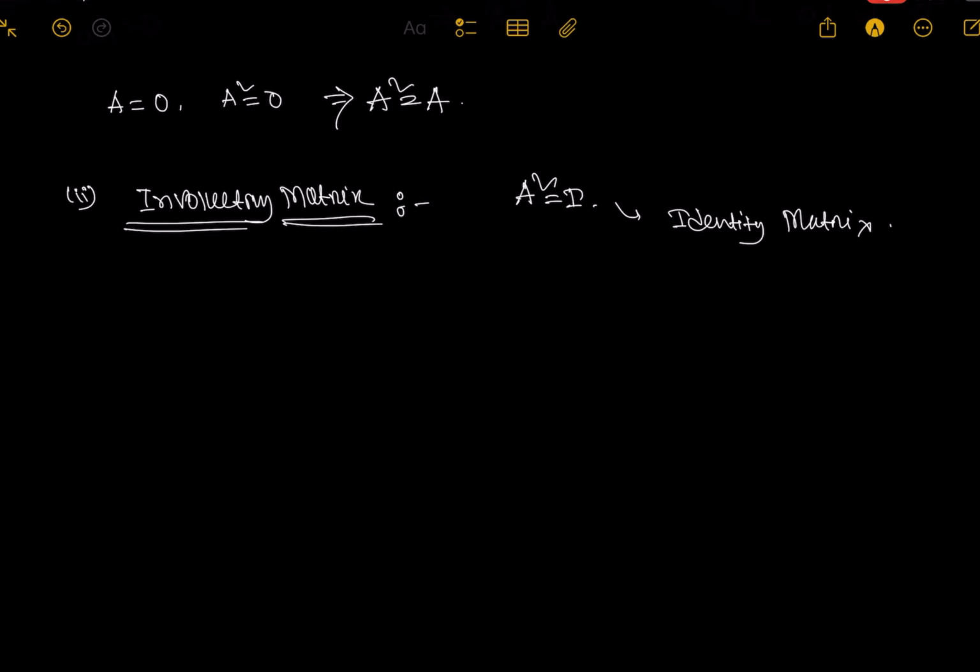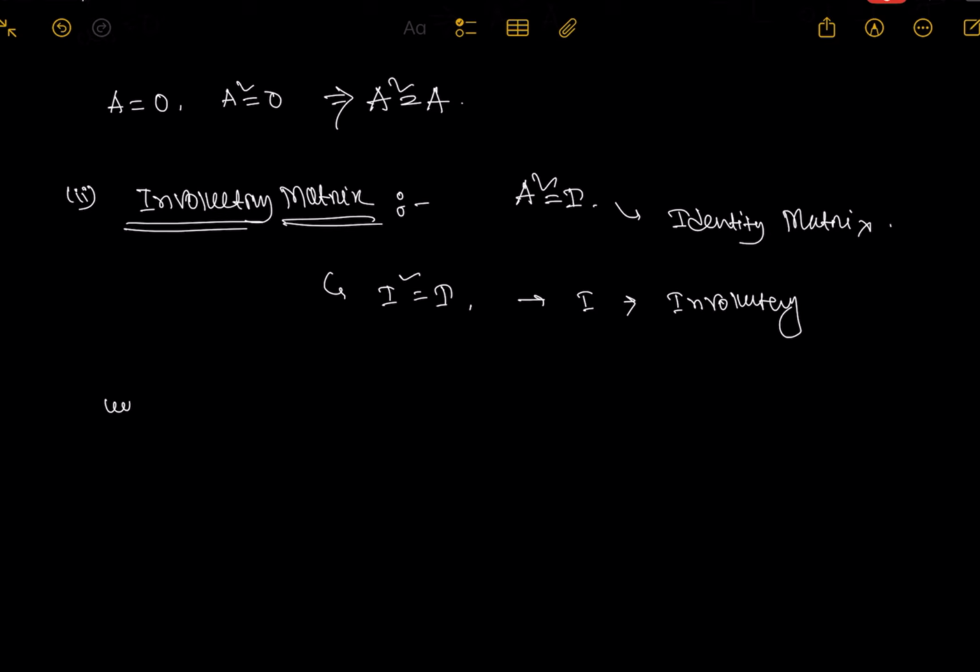Then this is called involutory. So here we can say that A square equals I. For example, I, this also square, this is also I. So I, the identity matrix, is also involutory, because it satisfies all the given criteria for an involutory matrix.